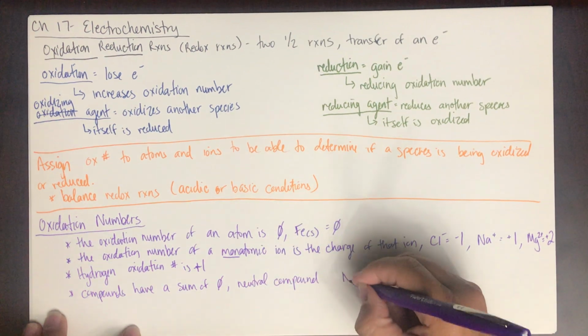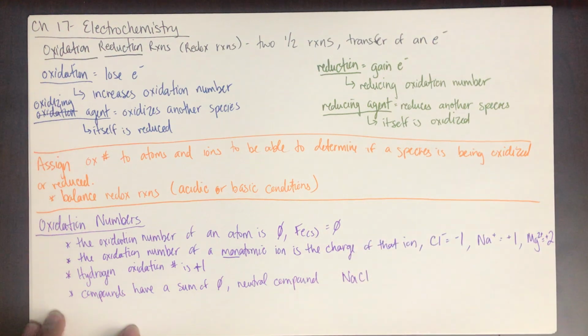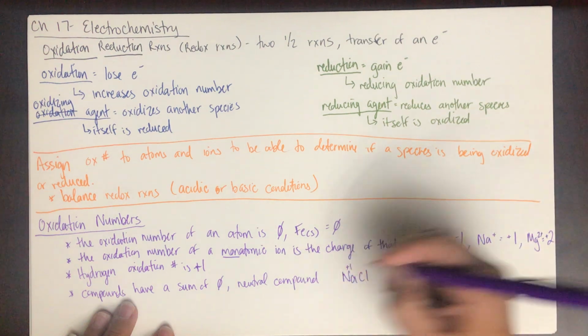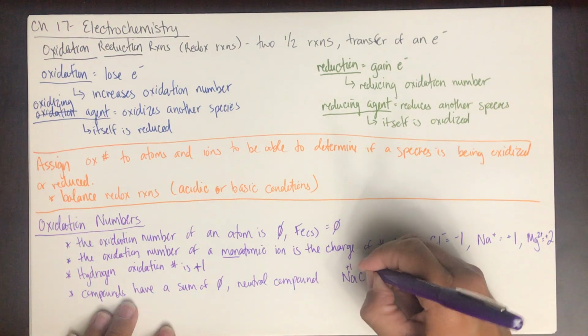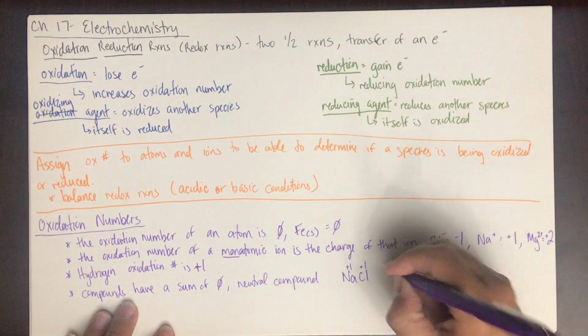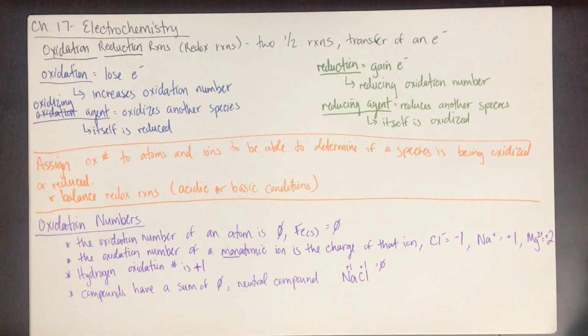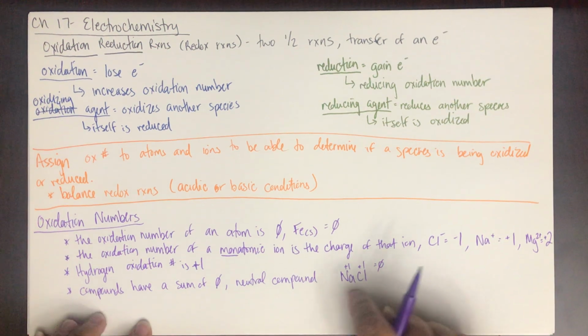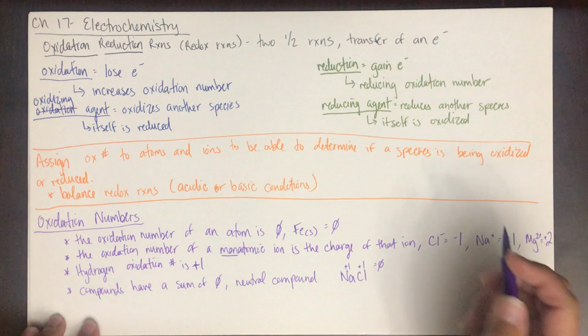So for example, NaCl is a neutral compound. The sodium has an oxidation number of +1. The chlorine has an oxidation number of -1, for a sum of 0. A neutral compound will always be made up of pieces of oxidation numbers that will sum up to 0.